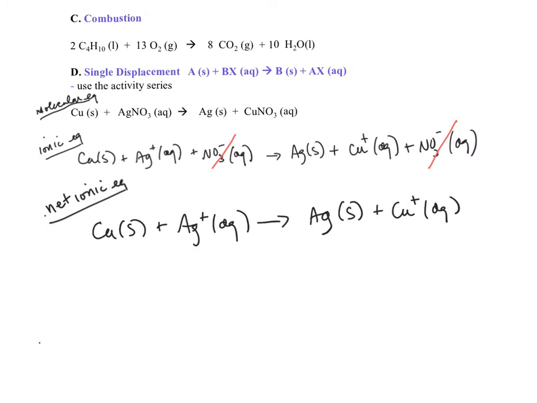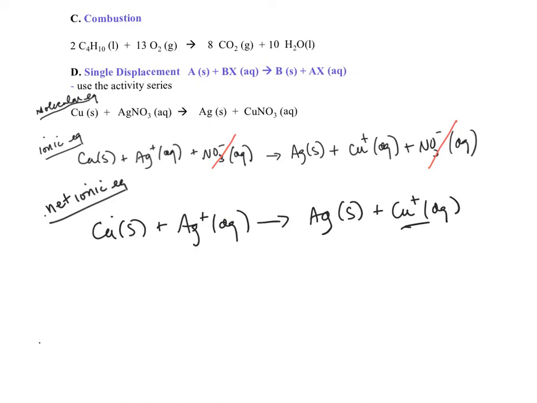Now, you can use what's called the activity series to predict whether this reaction actually occurs. So when you put copper in with silver nitrate, will you get the single displacement reaction or not? We've got copper and silver to consider. We see here it ends up as +1.